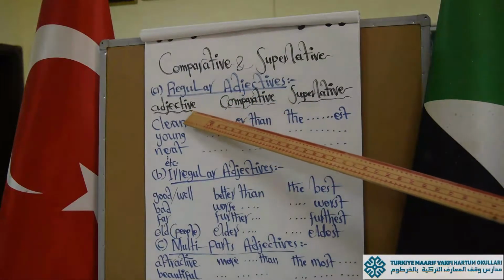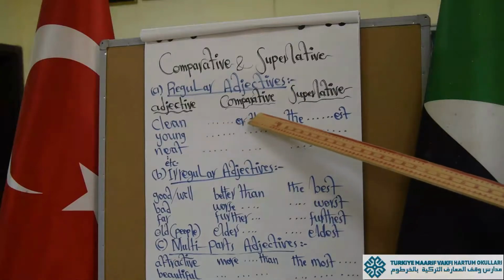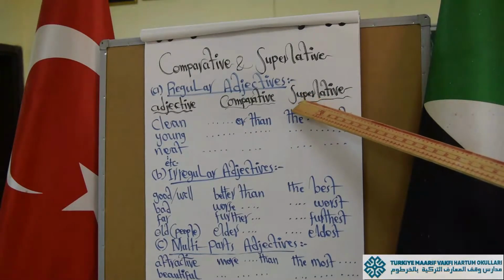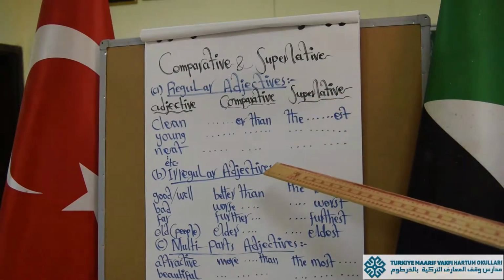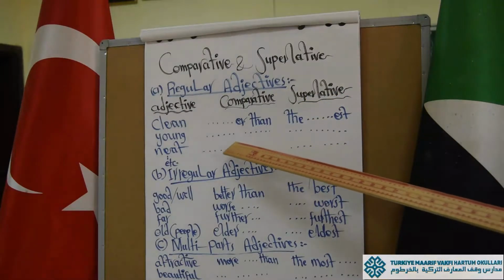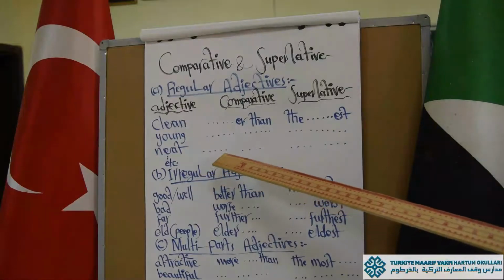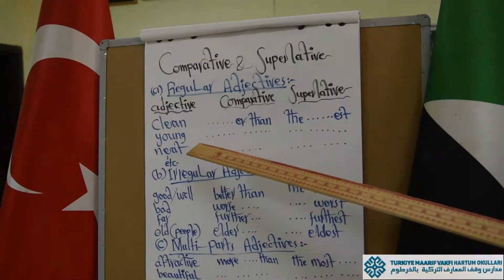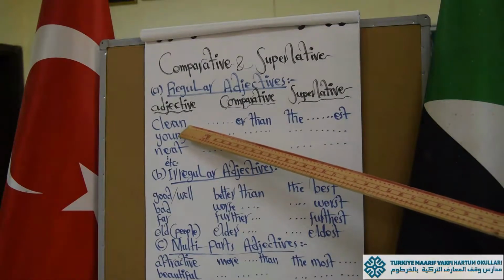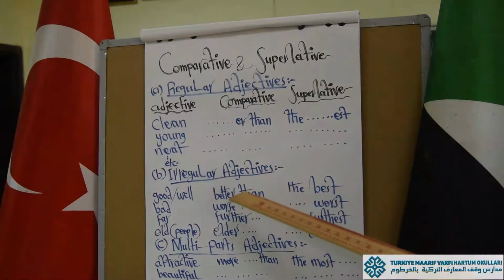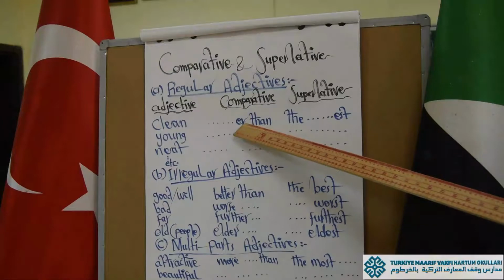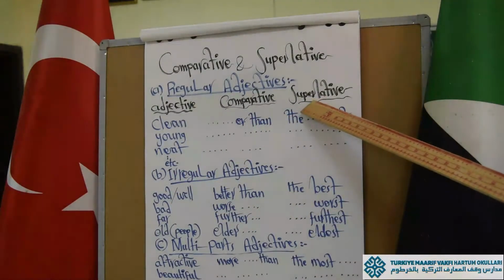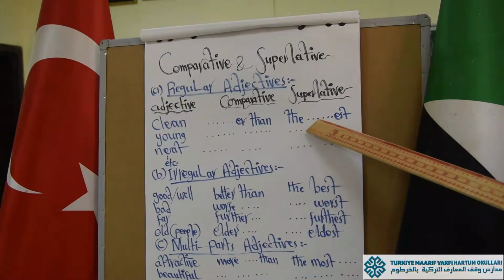But with the same adjective, if there are more than two things, we call this form superlative. So if there is a clean kitchen, a clean bedroom, and a clean dining room, I can say the dining room is clean, the kitchen is cleaner than the dining room, but the bedroom is the cleanest.